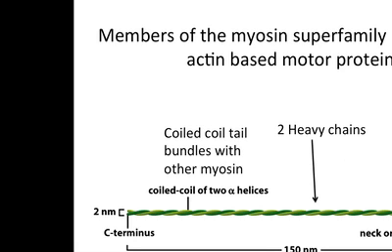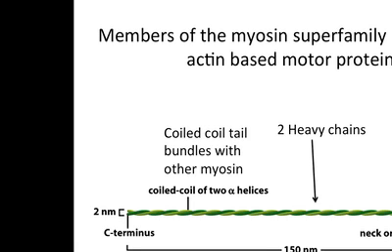But just remember that. This is the basic structure. You've got your motor, your head domains, and these light chains that are important for understanding the movement. And this neck and hinge region, also important for the movement. Then you've got this very long coil domain of two alpha helices.